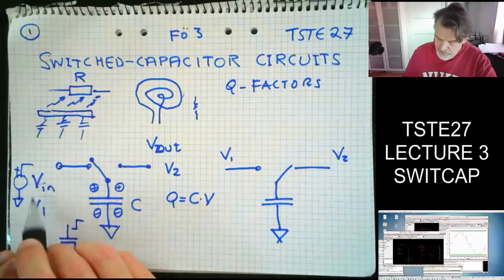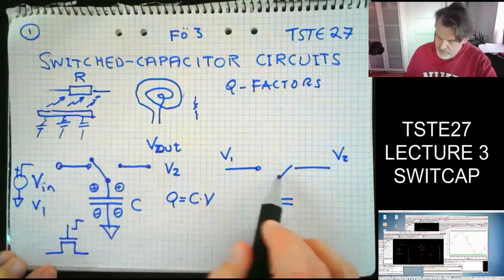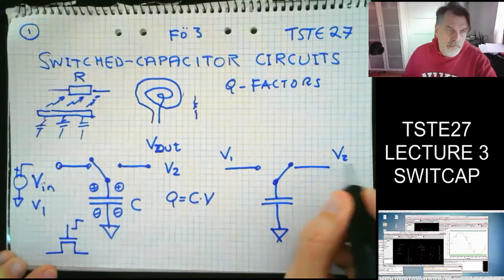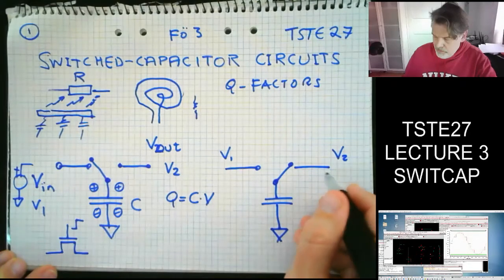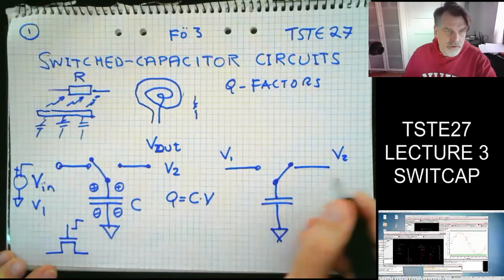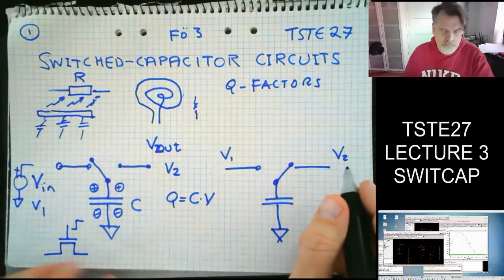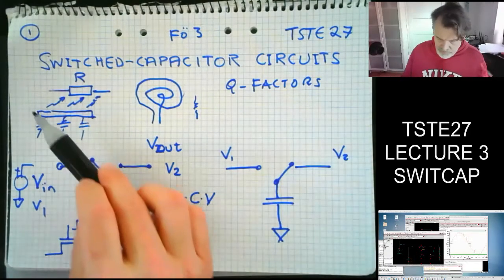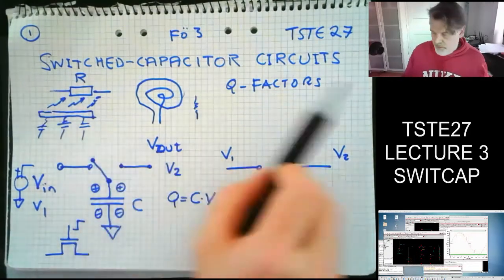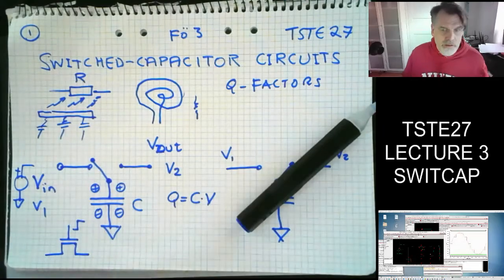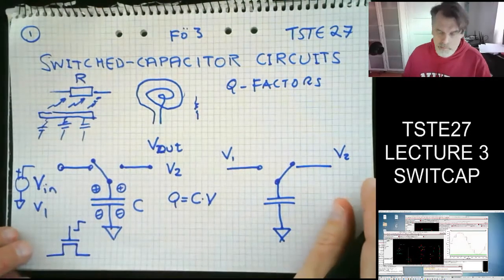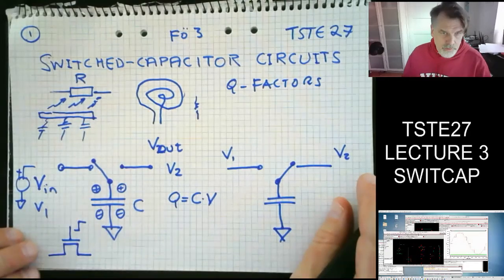So I have a case where I charge the capacitor, and then I disconnect to this case, and then, depending on what's connected to V2, I'm able to move that charge from the plate out to V2. But I do have a sampled environment. I have one phase when it's connected like this, and one phase when it's connected like that. So I have to consider my circuit at two different time points in order to understand it.